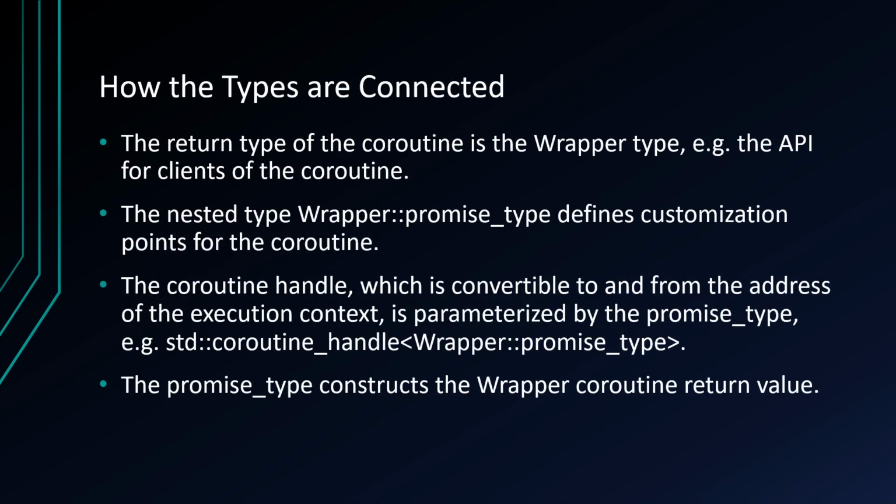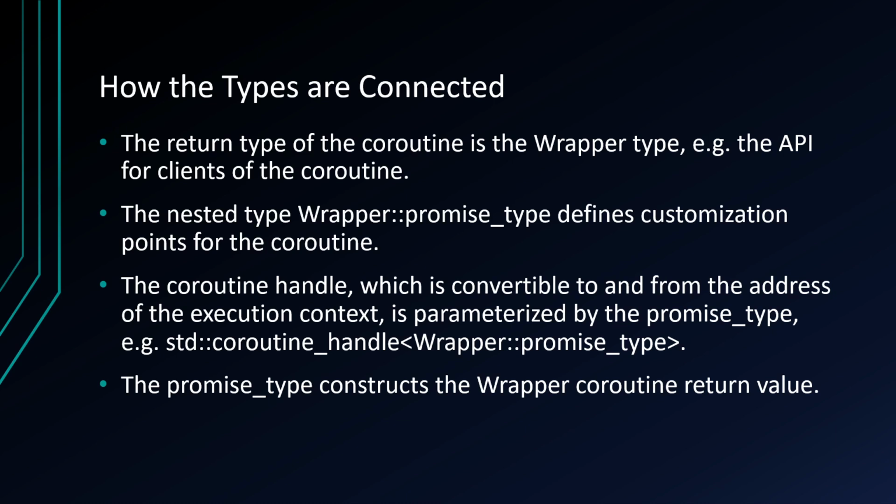And the three types are connected because the promise type has to be named promise_type inside the type that is the return type of the coroutine. So if the return type of the coroutine is some class called wrapper, there must be a named type called promise_type nested in the wrapper to define the associated promise for this coroutine.